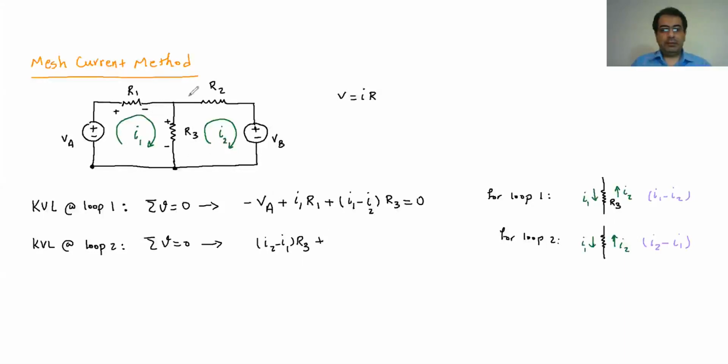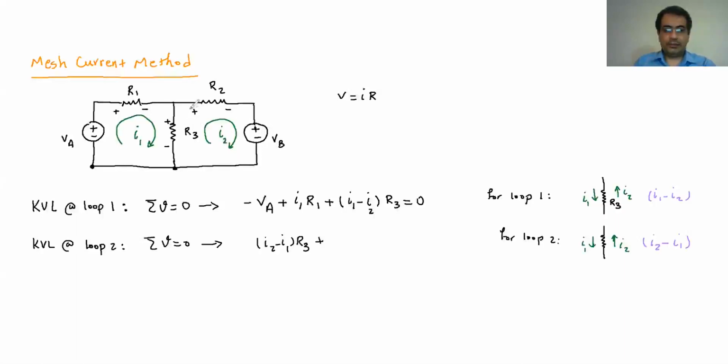Then plus, if I go ahead again here at R2, because I'm rotating in this direction, I go from left to right, so the left should be positive and the right should be negative, because the current always goes from positive to negative in a resistance. That's what we know.